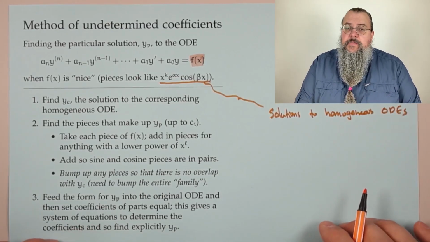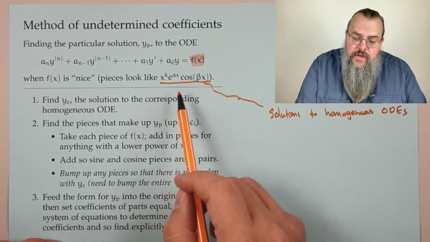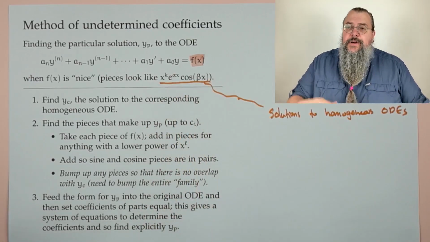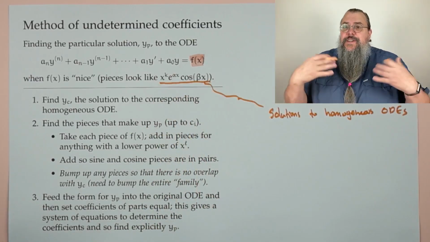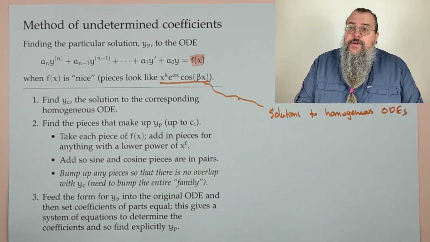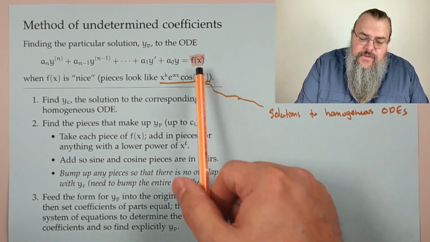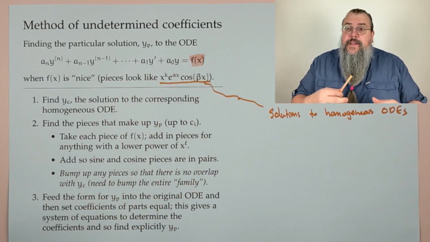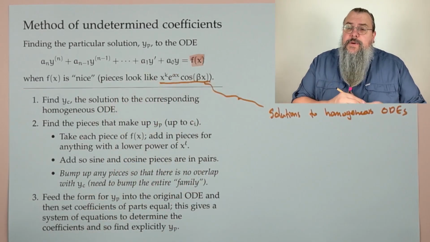So that's the key. Somehow it says this is coming from something which looks like a homogeneous constant coefficient differential equation, so it's in the same ballpark. And so, all right, what do we do?